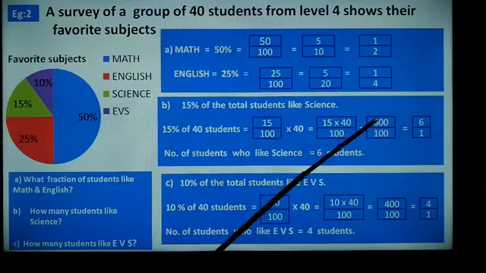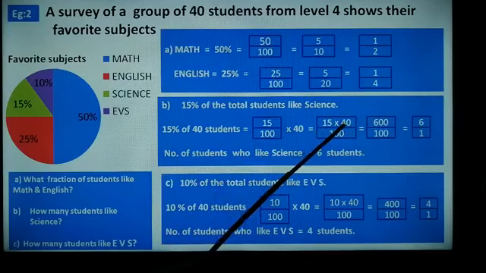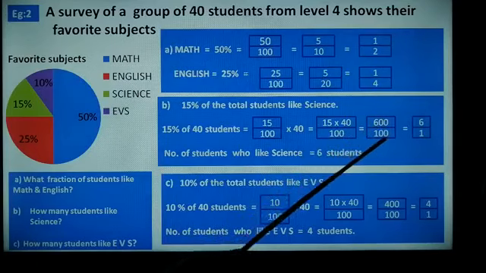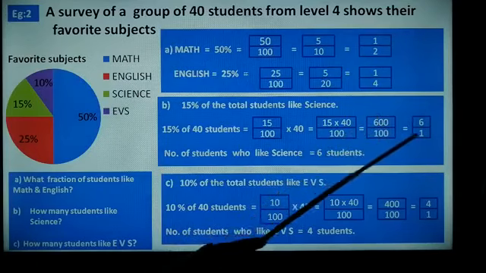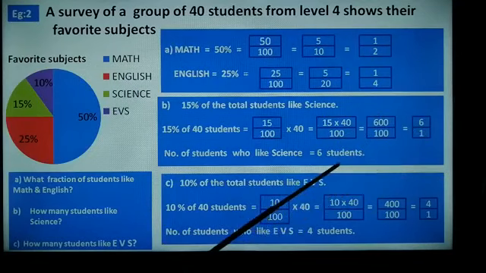You have to multiply 15 into 4, which is 60, and add the 0. That's 600 by 100. Cut the zeros. You will get 6 by 1. 6 by 1 means 6. So the number of students who like science, what is the answer? 6 students.